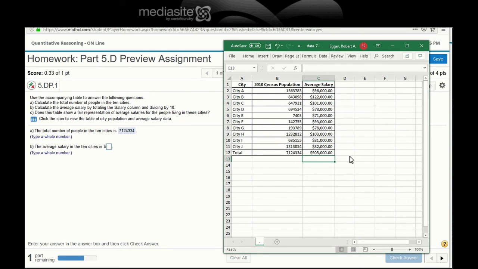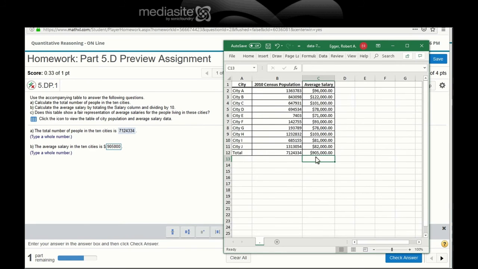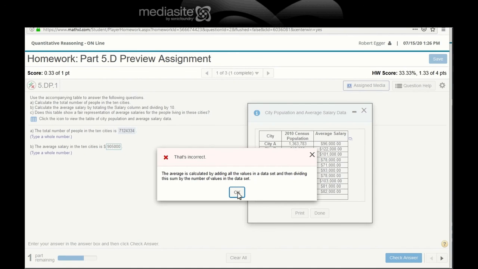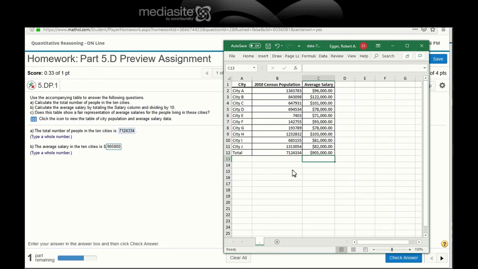All right, so $905,000 is the total average salary. Let me check: 905, 1, 2, 3. Yep. Ah, that's total salary. Good catch.